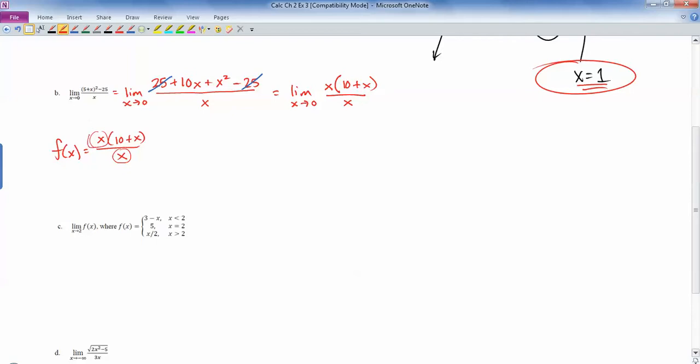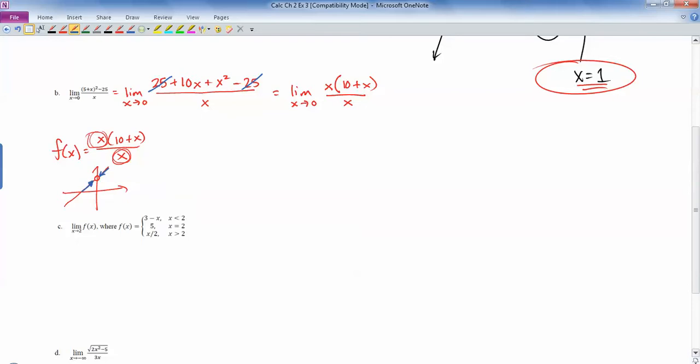The only difference is these x's right here, that's 1 at all times, except when x equals 0, the thing doesn't exist. So f of x looks like 10 plus x, except for a hole at 0. So it looks kind of like this. And we're looking for the limit around the 0 there. We're looking at what value do we get as we come at it from both sides.